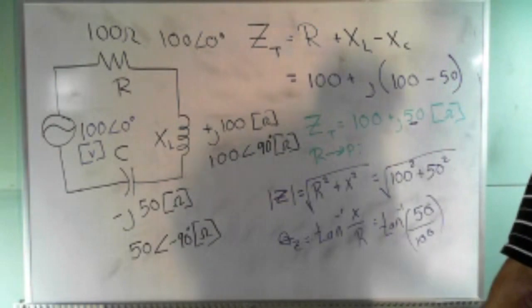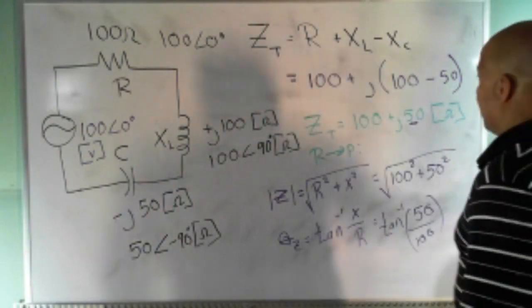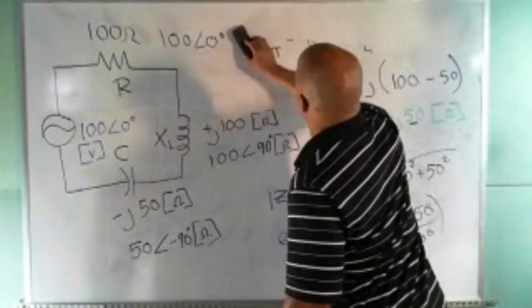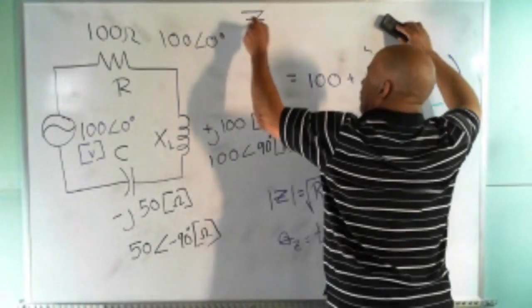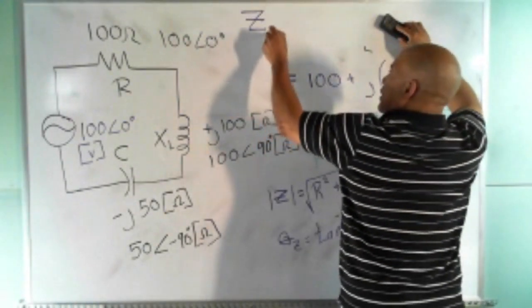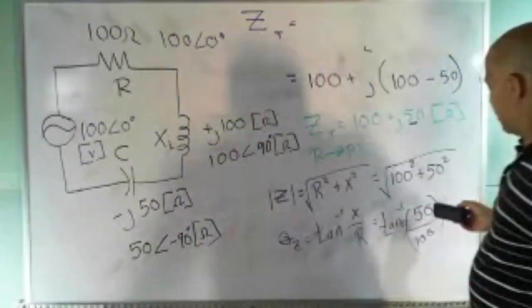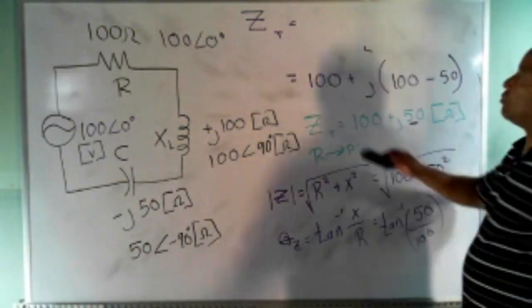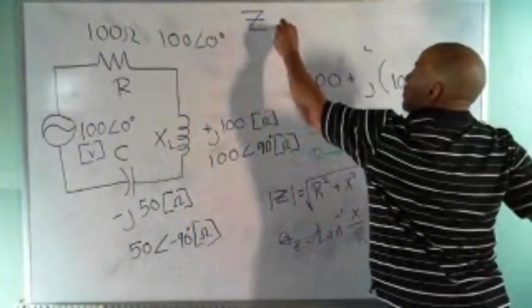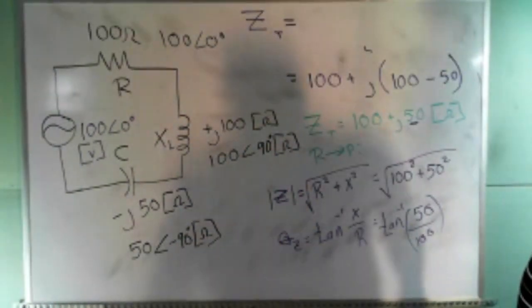So give me my value for Z. I guess I'm calling it ZT. So give me this value. It is 111.8 at 63.4 degrees.